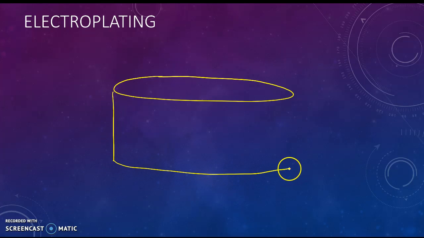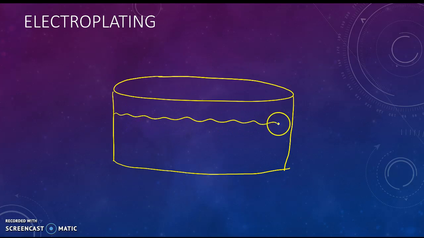By the way, that's another difference. Notice that because the reaction is non-spontaneous, I don't need to separate the reactants from each other. I can do this all in one vat because they're not going to react together anyway until I put energy into it. And then once I do, I can determine the direction of the electrons, what's going to be oxidized, and what's going to be reduced.